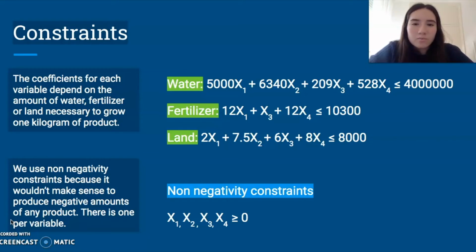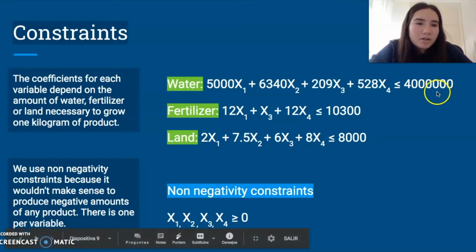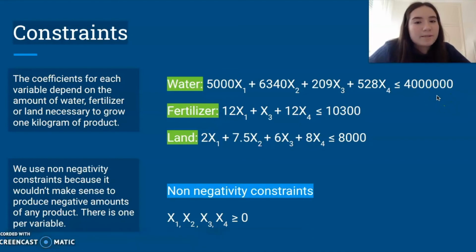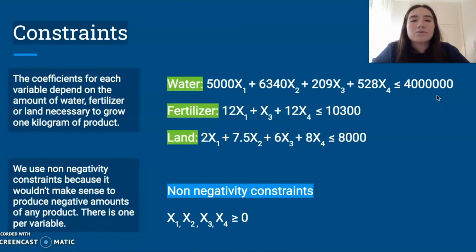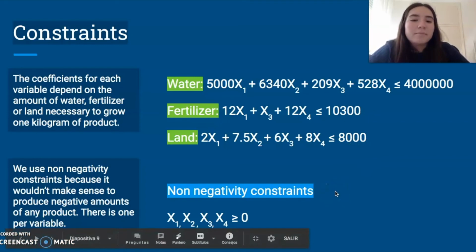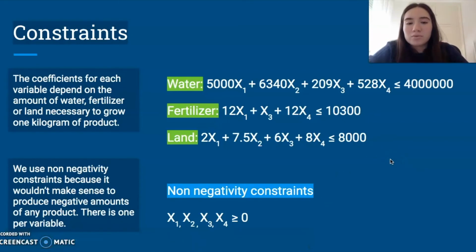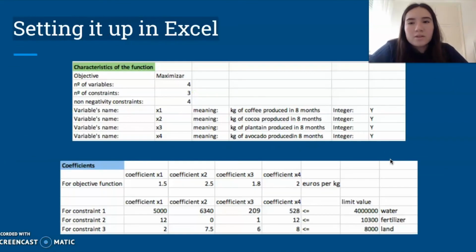In constraint number one, water, for example, we put 4 million because that's the maximum amount of water we have. The same happens with fertilizer and land. We also have non-negativity constraints because it would make no sense to produce negative amounts of the 4 different types of crops. Then we set the problem up in Excel, which you can see in this slide.